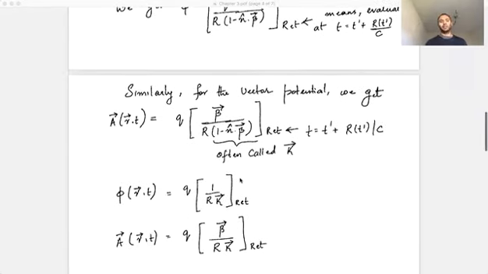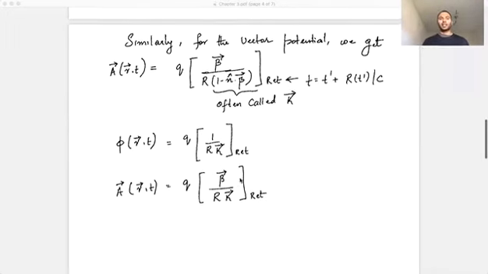We can do the same for the vector potential. Again, the vector potential also satisfies a Laplace equation, just like the scalar potential did, but instead of the charge, we had current density. And so the same procedure can be followed. You can expect that in the numerator, you're going to end up with some velocity because the current density is equal to charge times the velocity.